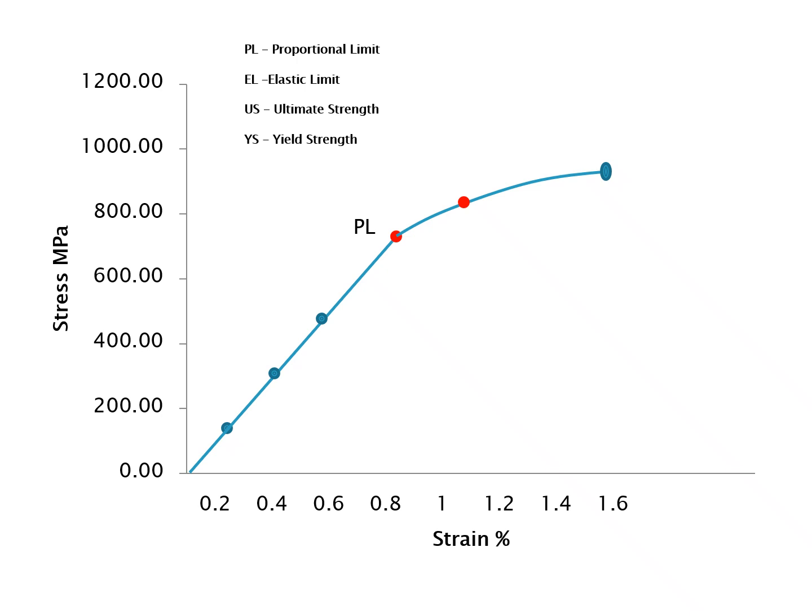So the curve becomes slightly deformed, or it is no more straight as it was till the proportional limit. If we continue to apply force beyond this, the material fractures, and the point of fracture of the material is called the ultimate strength of the material.